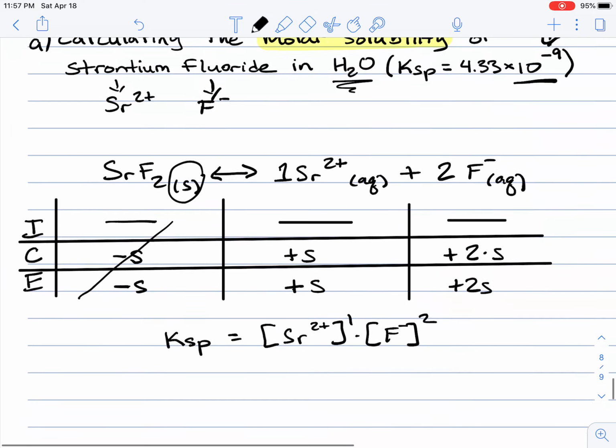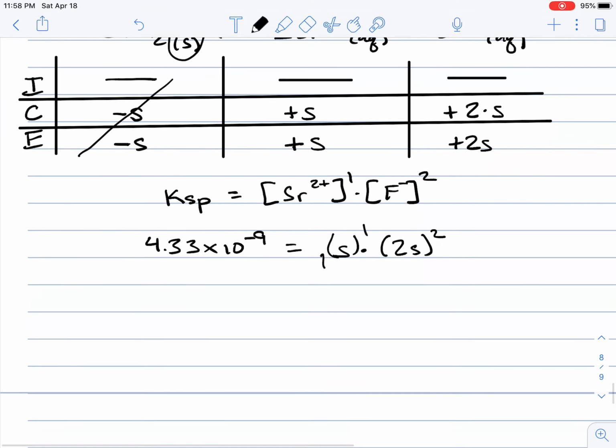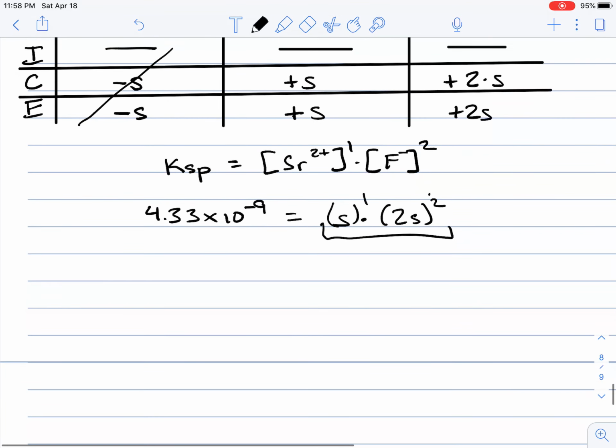So 4.33 times 10 to the negative 9 is going to equal S times parentheses 2S squared. Okay. Now, when you reduce all of this, remember that you're going to distribute that square to both the number and the letter. Your final outcome is going to be 4S cubed. Okay. And so that's going to equal 4.33 times 10 to the negative 9.